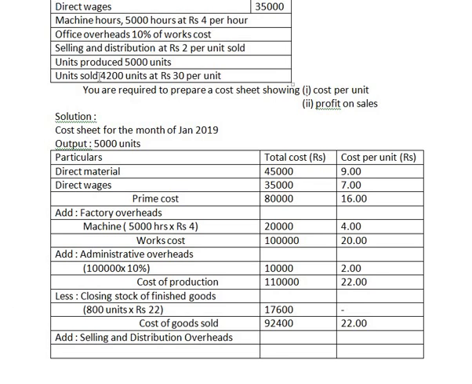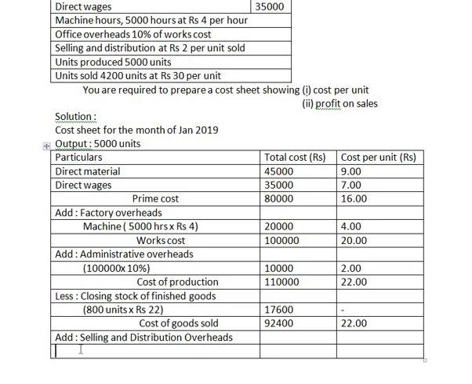Here they have given selling and distribution at rupees 2 per unit sold. Units produced is 5,000, units sold is 4,200. For calculation we should not take 5,000 units, because actually they have sold only 4,200 units. Selling and distribution expenses will be incurred on the goods you have sold. So number of units sold is 4,200, so 4,200 into rupees 2 per unit.